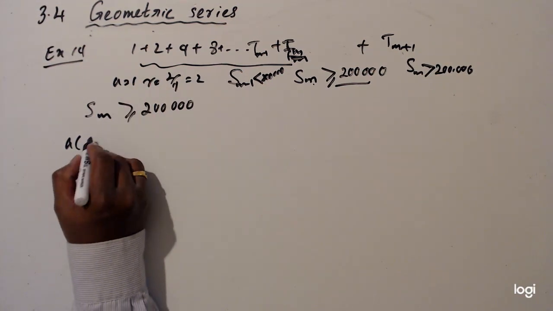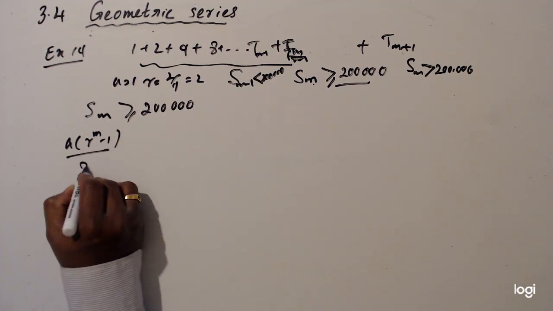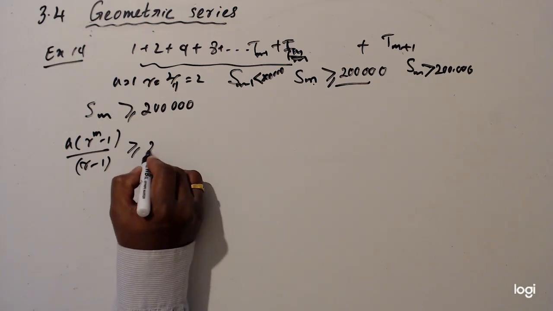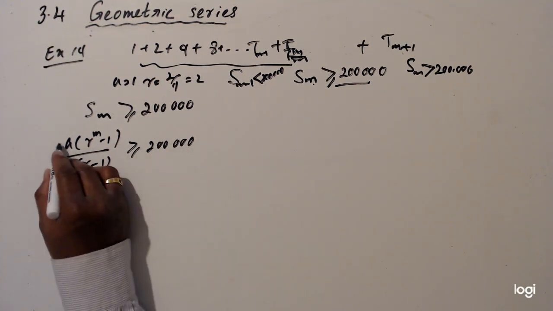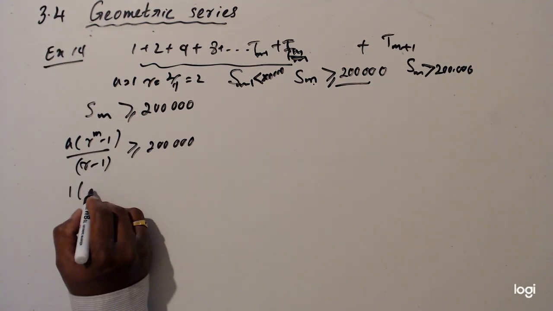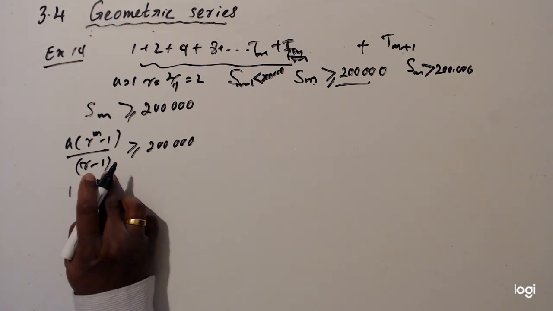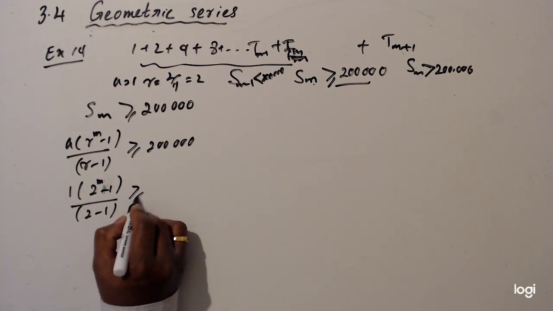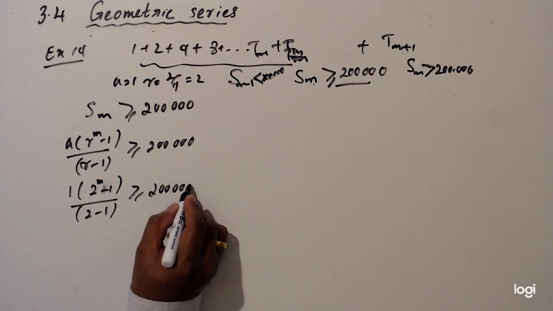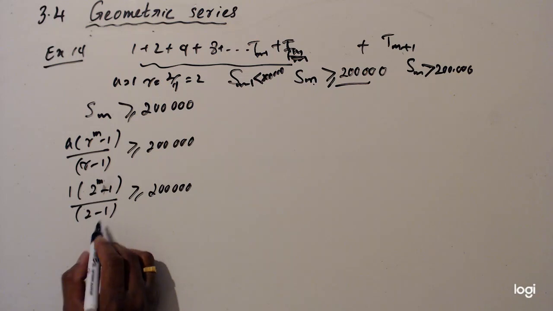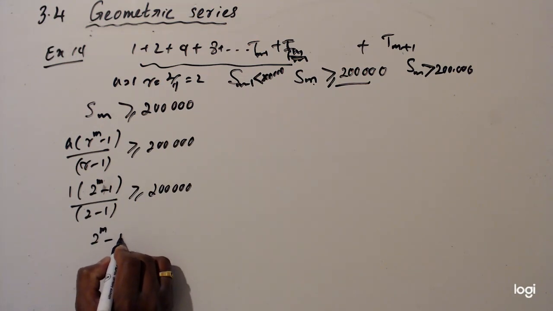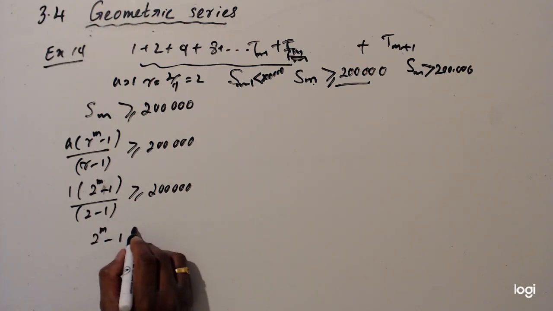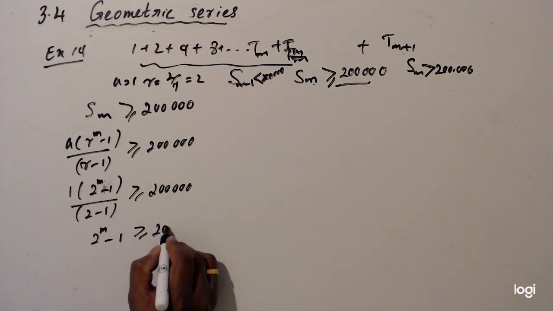So I'm going to use this formula: r to the power m minus 1 over r minus 1 greater than 200,000. So a is 1, r is 2: 2 to the power m minus 1 over 2 minus 1 is greater than or equal to 200,000.